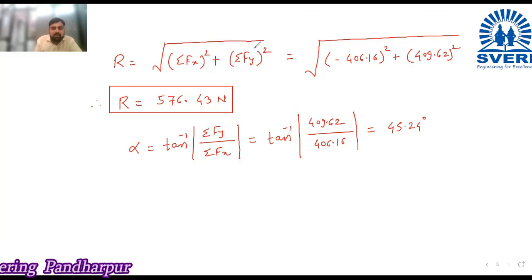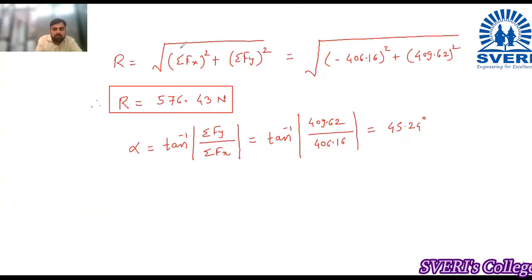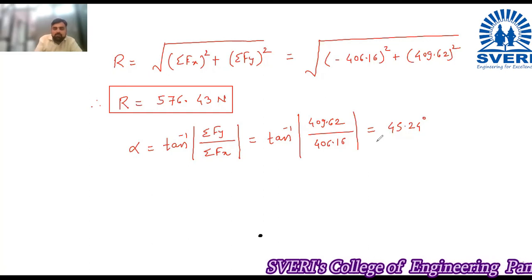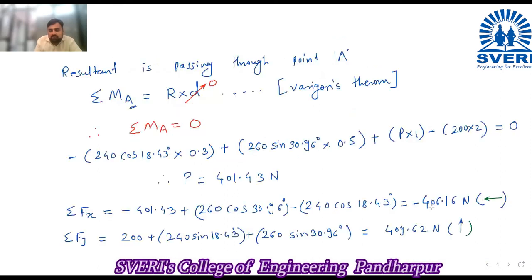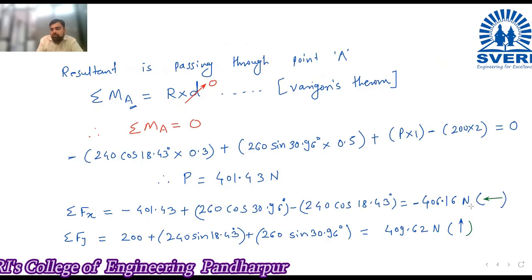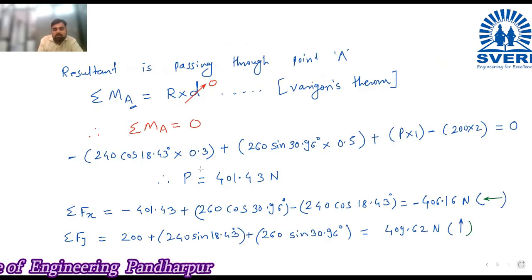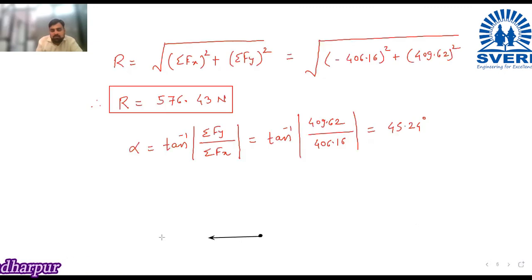And lastly, finally, we need to draw the diagram. So I will choose one arbitrary point over here. This is my point to show the direction of the resultant. Then here you can see the summation Fx. Summation Fx is moving towards left. I have shown the arrow. So I will draw that.